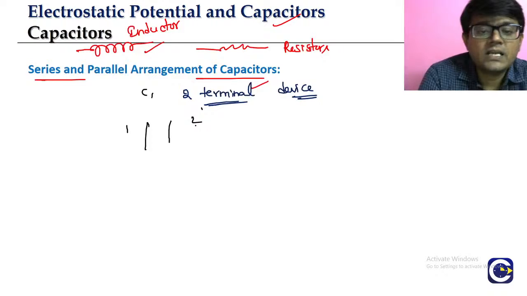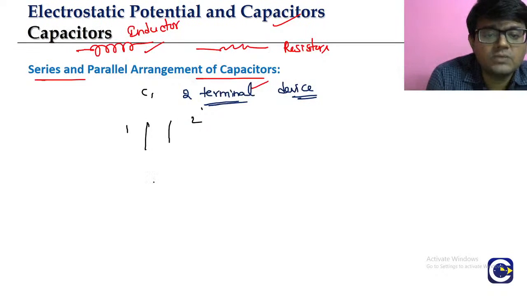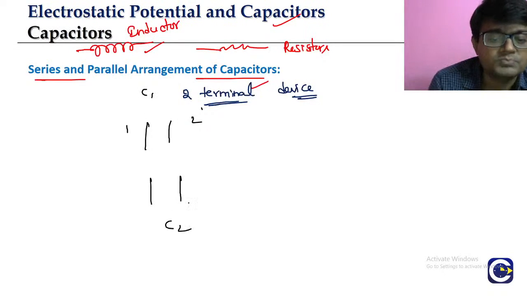Okay, so we have a capacitor C1, 2 terminals are there, and another capacitor C2. This will also have 2 terminals, which can be 1 dash and 2 dash.